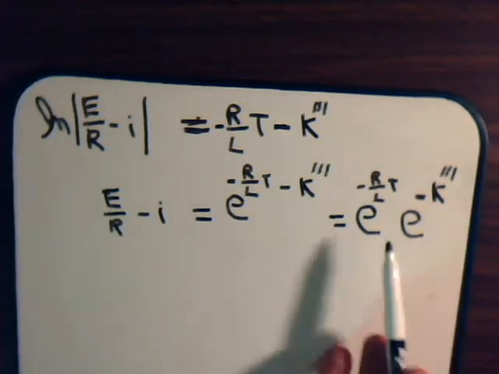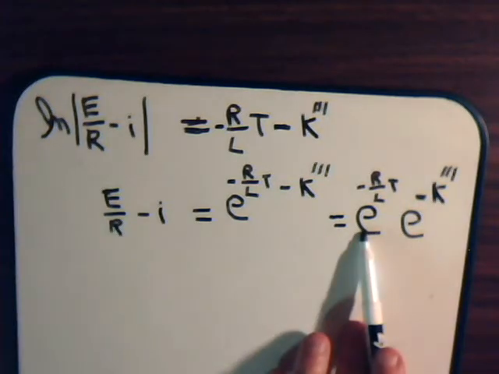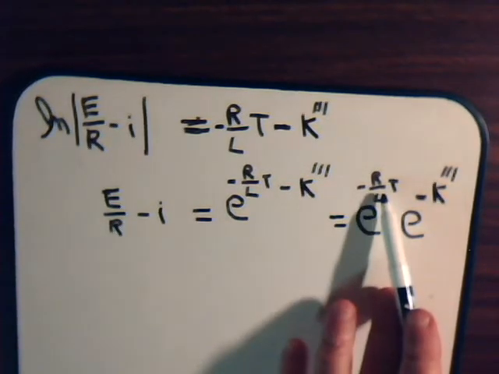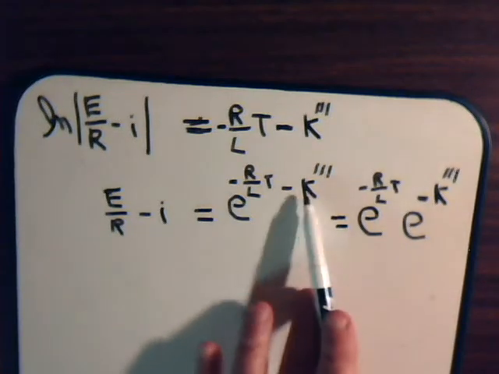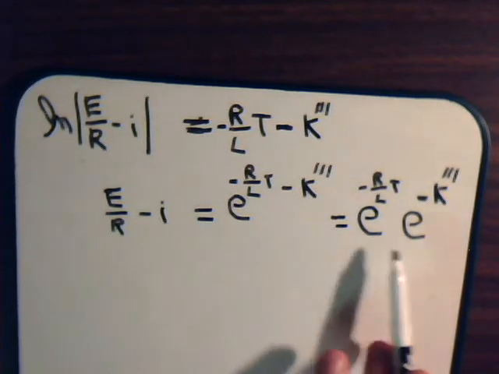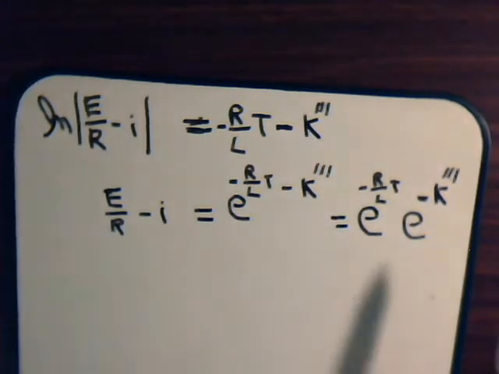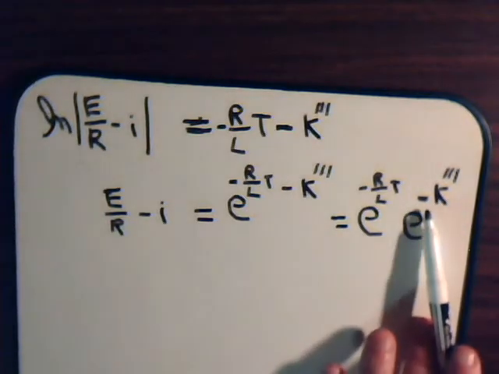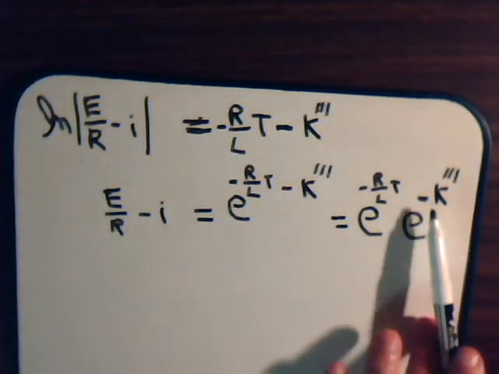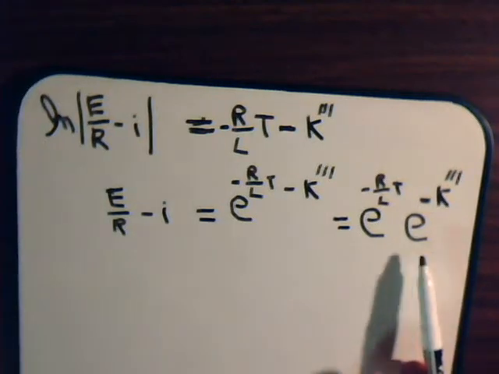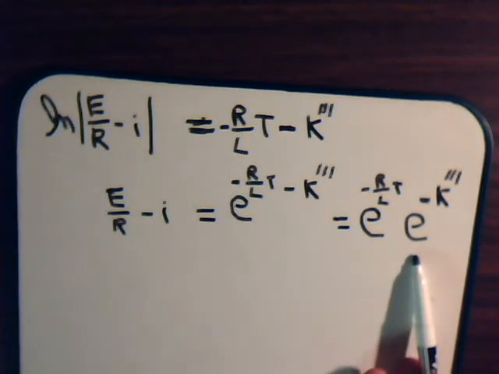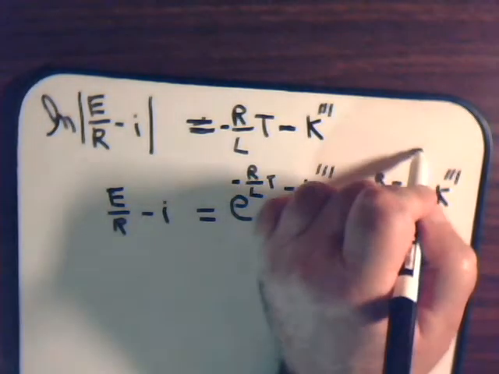So let's look at it from here. You multiply these together. How do we do it? Well, we have one e, and then we just add the exponents. So this and this are the same, but here we have a negative sign, but it's just a constant. So this is just going to be another constant.